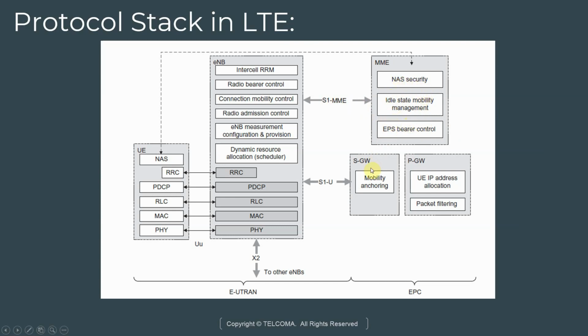That's about the MME. The serving gateway, as we talked about, is a mobility anchor for the most part, and it talks to the eNode B by the S1-U interface protocol, and then the P gateway is here.